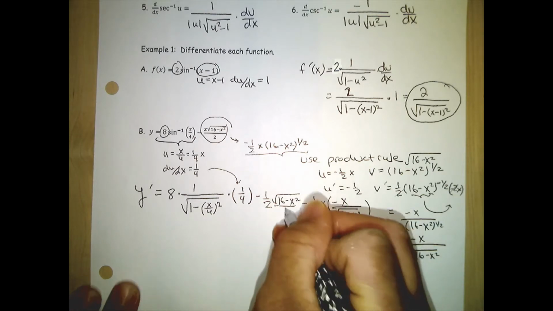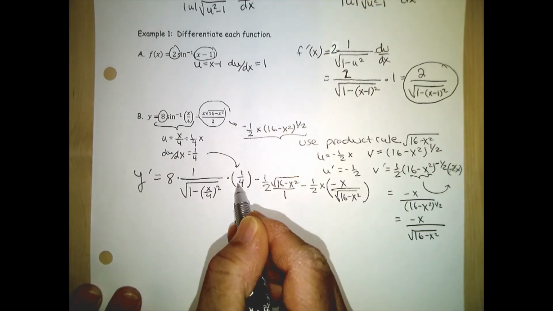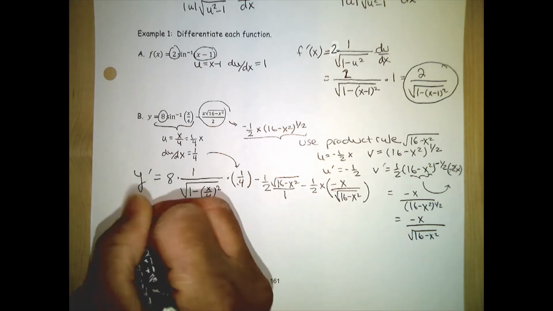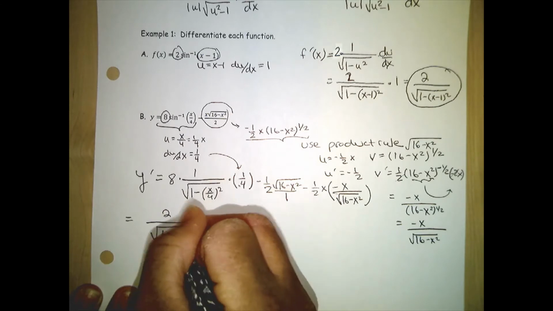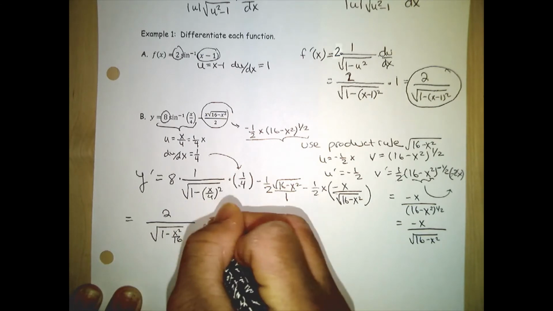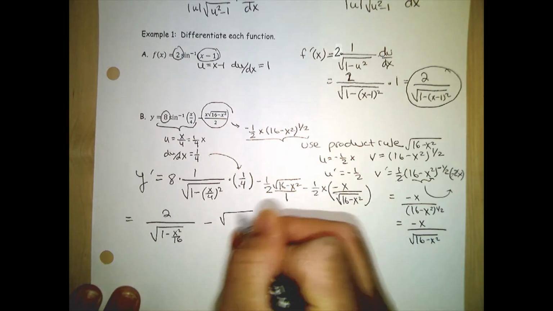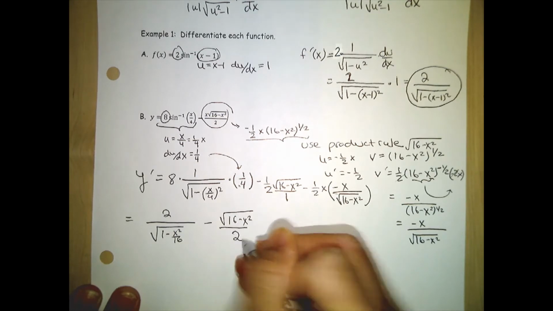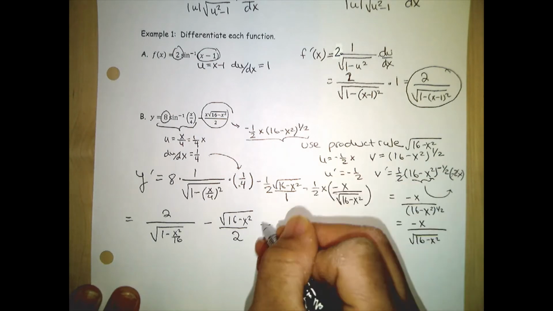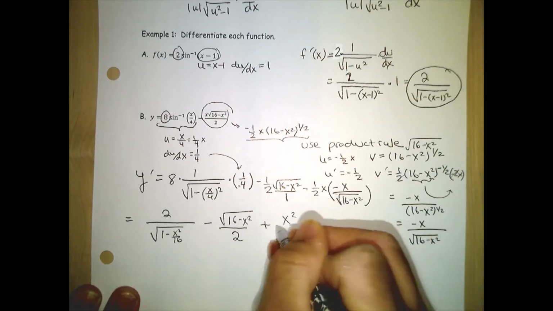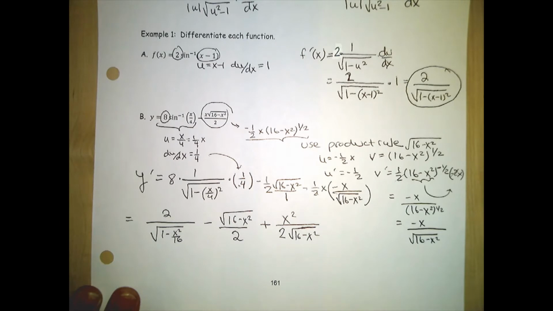So let's write this over 1 so we can get ready to find the common denominator. 8 times a fourth is actually 2. So we have 2 over the square root of 1 minus x squared over 16, minus the square root of 16 minus x squared over 2, and a minus times a negative makes a plus, so plus x times x over 2 square root of 16 minus x squared in the denominator.